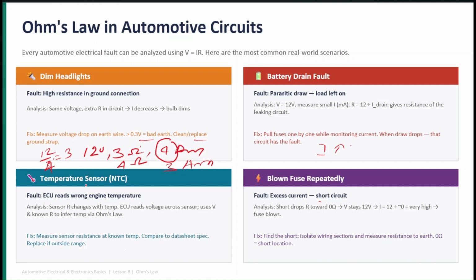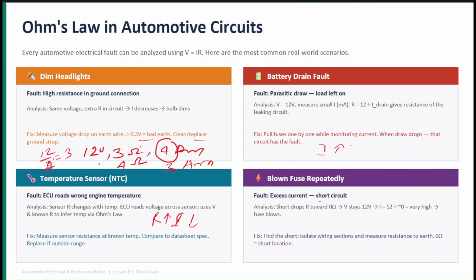If resistance increases, what will happen to the current? The current will be reducing, or the voltage signals will be reducing. Hence it will pick up wrong information. So measure the sensor resistance by comparing it. There is a data specification sheet that we will be learning when we go for the engine management system.